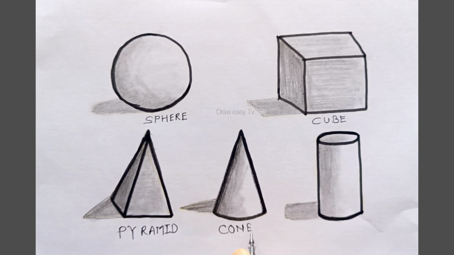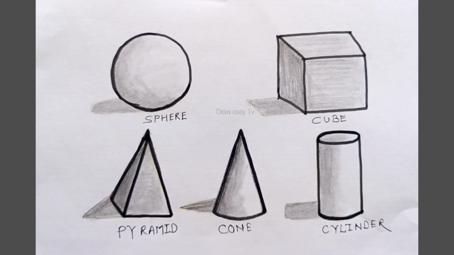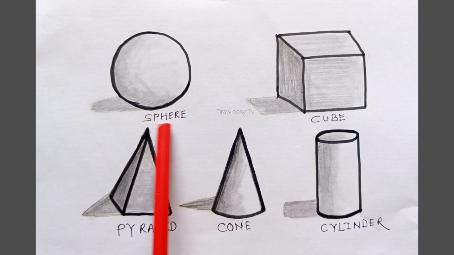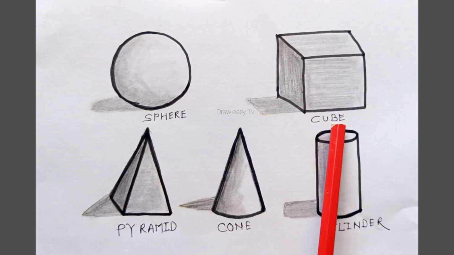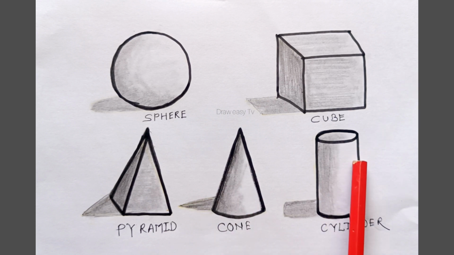Cone shape. And this is cylinder shape. Let's read it again. Sphere, cube, pyramid, cone and cylinder.